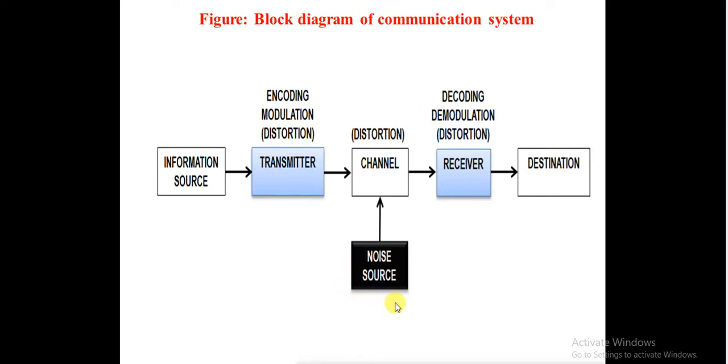So all these sources generate noise, which gets added to the channel. So distortion occurs in the transmitted signal, and the receiver must be capable of reconstructing the original information which is transmitted by the transmitter. So this is all about the communication system.